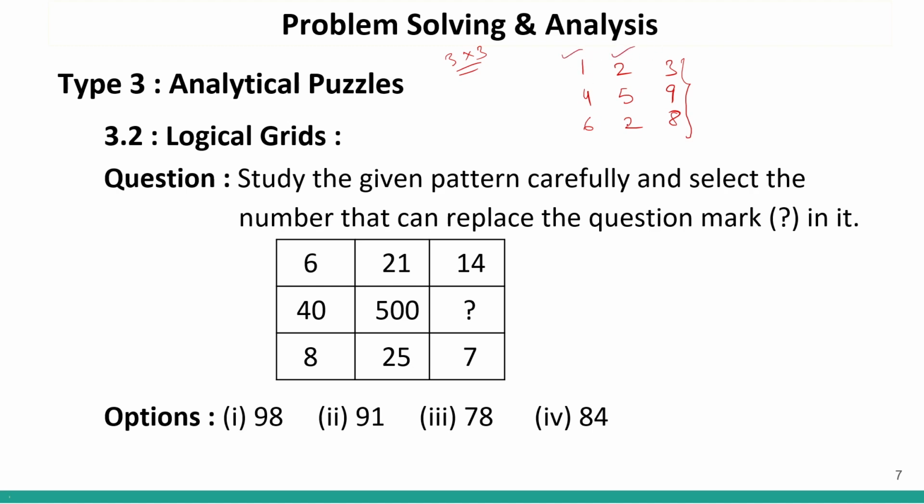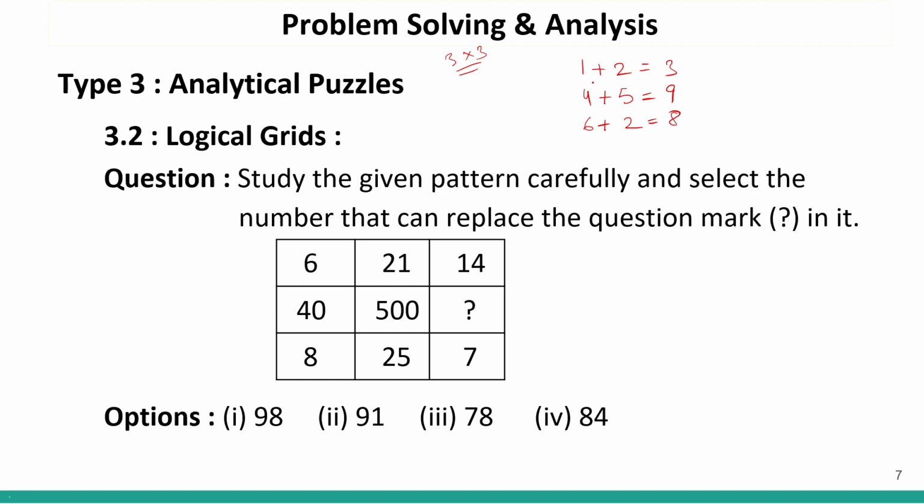If you look at this column, then this is comparatively bigger. So if I add first two numbers, I can get the third number. 1 plus 2 will give me 3. 4 plus 5 will give me 9. 6 plus 2 will give me 8. Something like this. Correct? This is your logical grid.